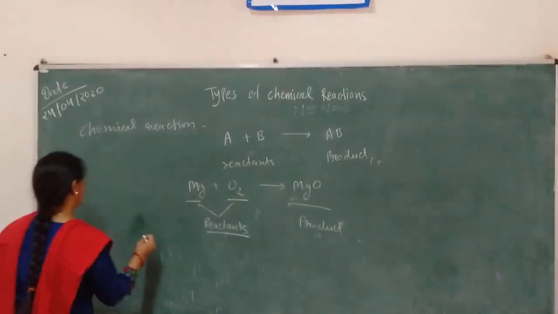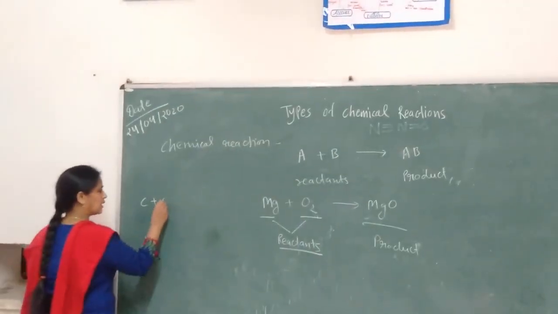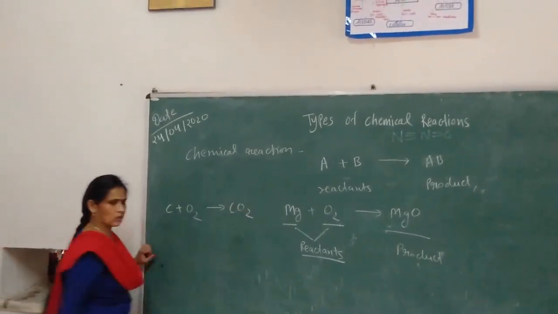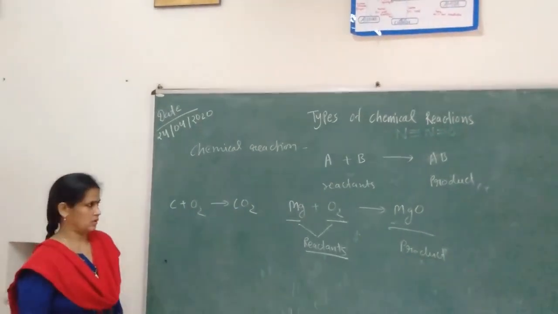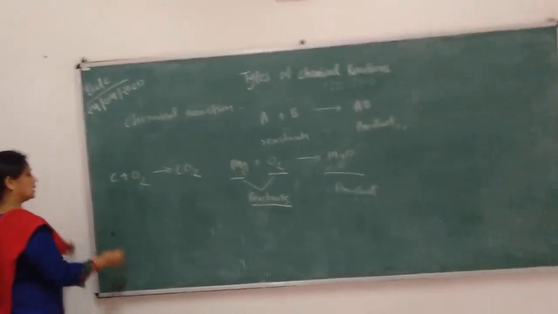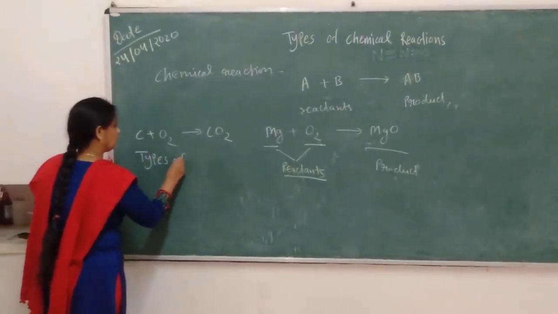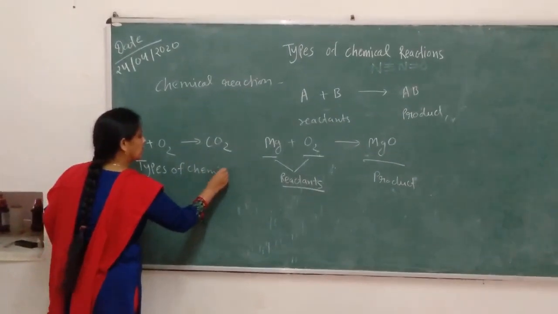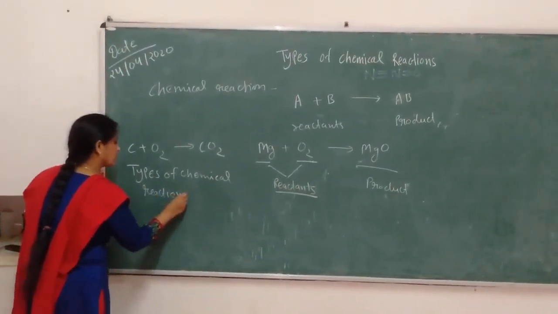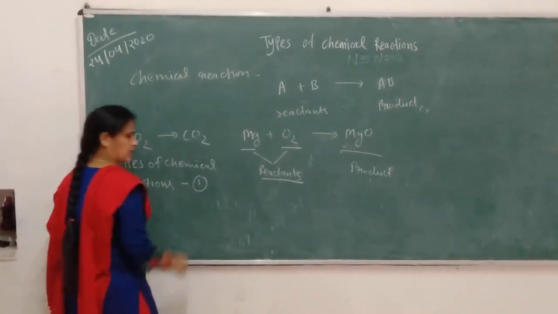Another example is burning of wood, when carbon reacts with oxygen to give carbon dioxide. This is also an example of chemical reaction. Then we will discuss types of chemical reaction. There are mainly 4 types of chemical reaction.